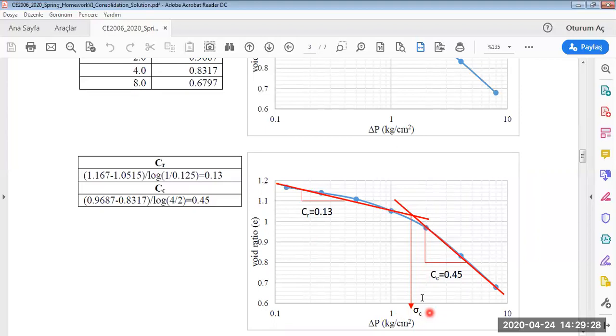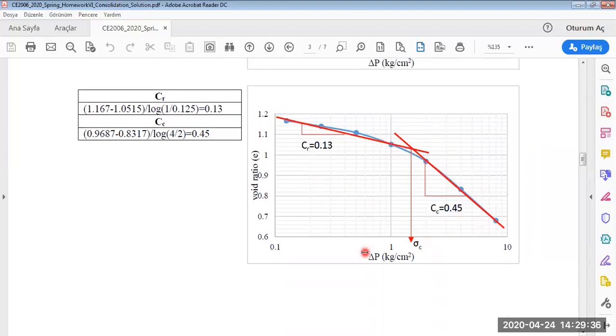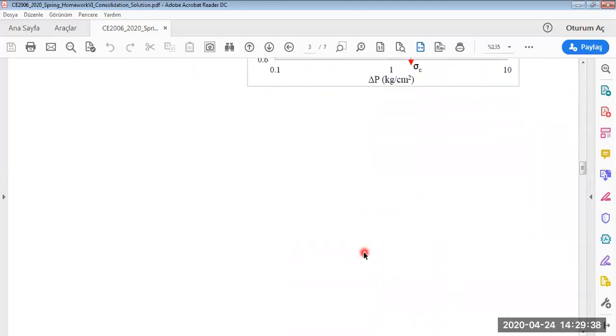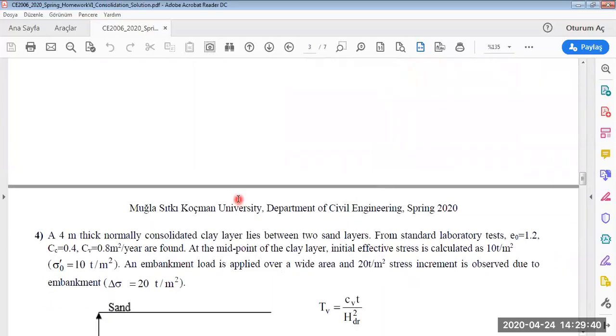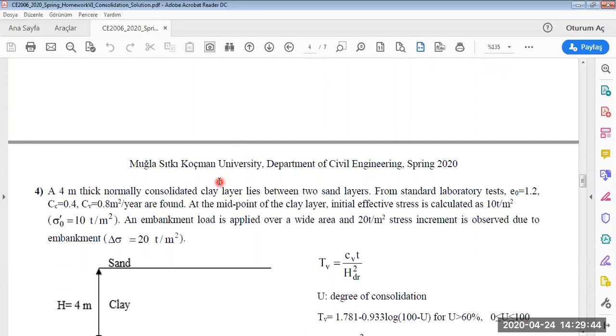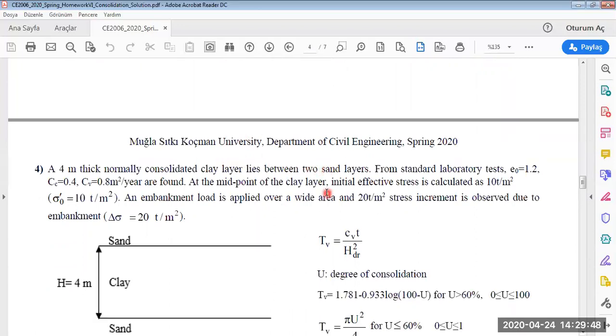Keep this in your mind. And by calculating the slope of these lines, we can evaluate the CR and CC values. Up to this point, we learn how to use the consolidation test results, how we will find the required parameters.